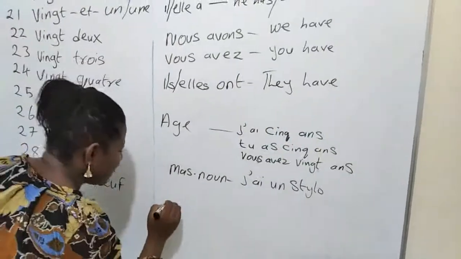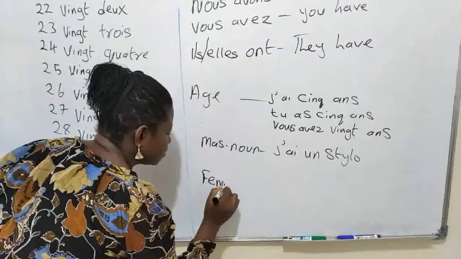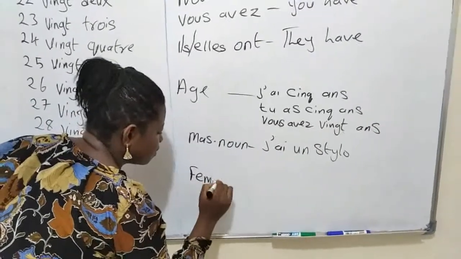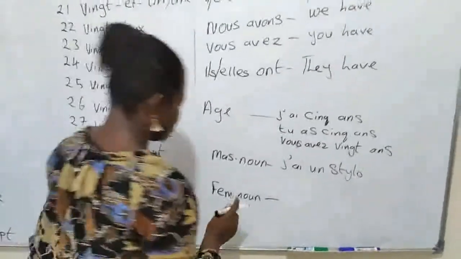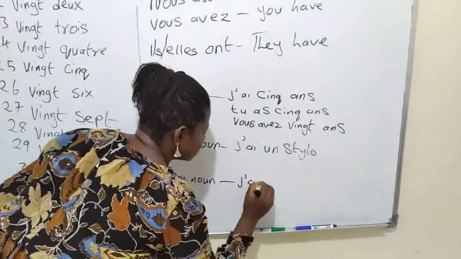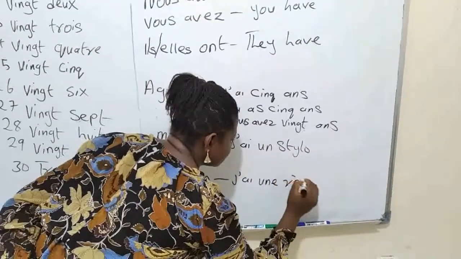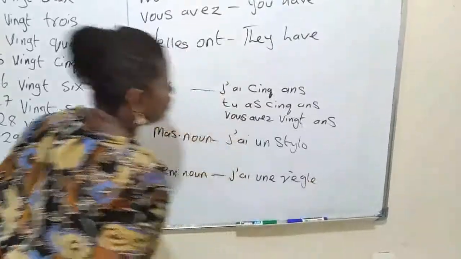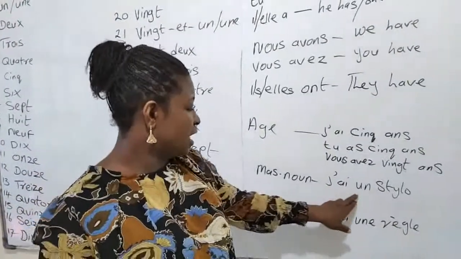Let's use a feminine noun right now. Let's use ruler. J'ai une règle. Okay, this is it. Masculine noun is j'ai un stylo.